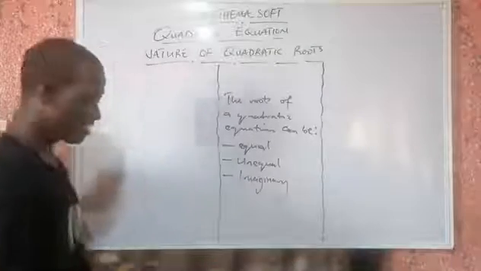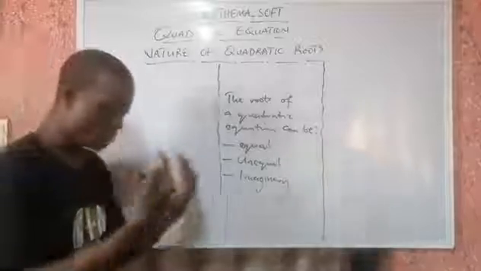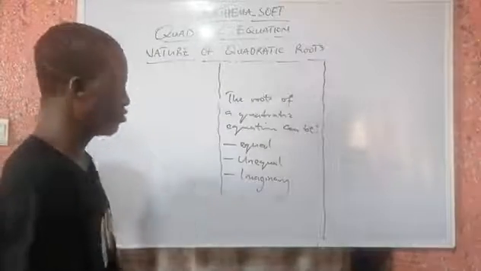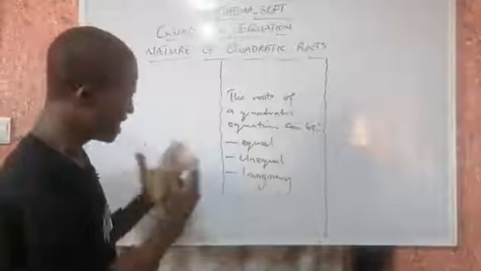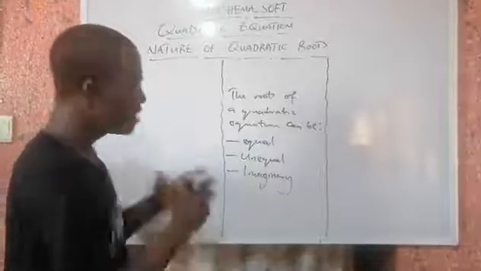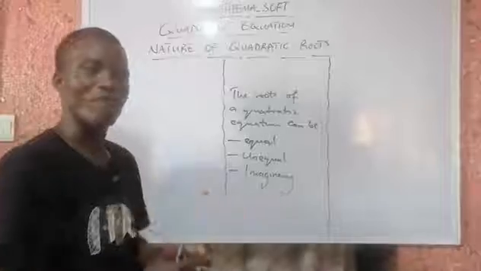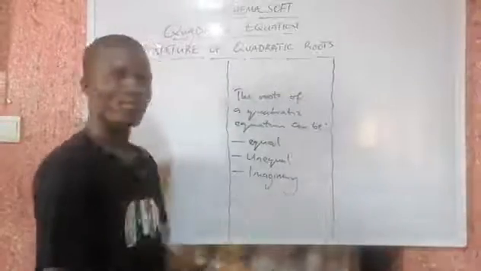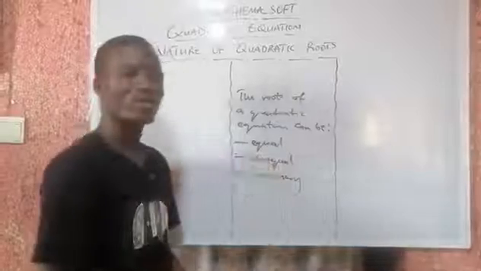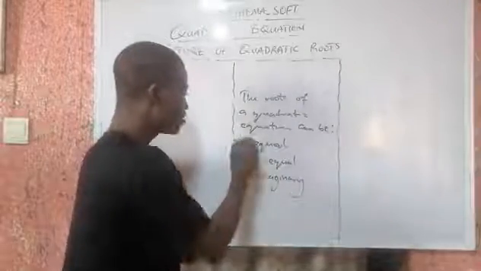So it is very important for us to actually have a basic view of what we are about to do. What we are about to do is for us to be able to predict what will be the nature or the feature of the quadratic roots. Will they be equal? Will they be unequal? Will they be real?